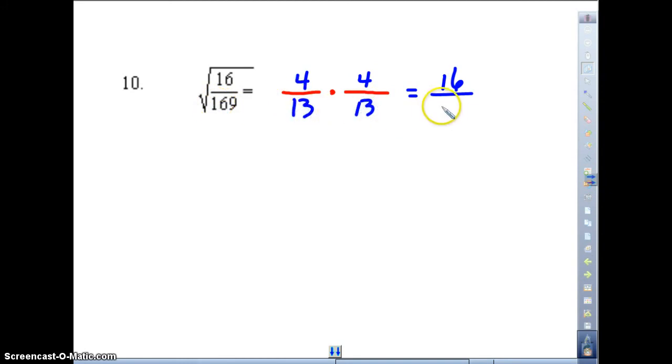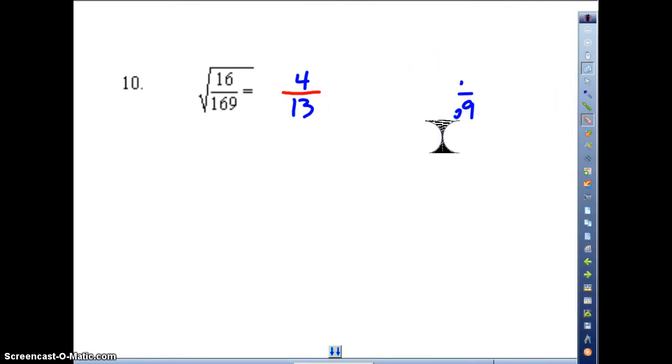Yeah, 13 times 13 is 169. So if I erase all of this, there's my answer. And to be real honest, plus or minus 4 over 13, because negative 4 over 13 times negative 4 over 13 also gives you 16 over 169.